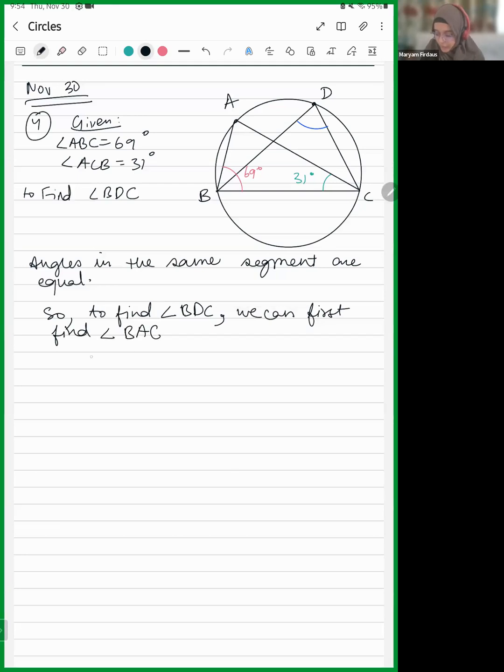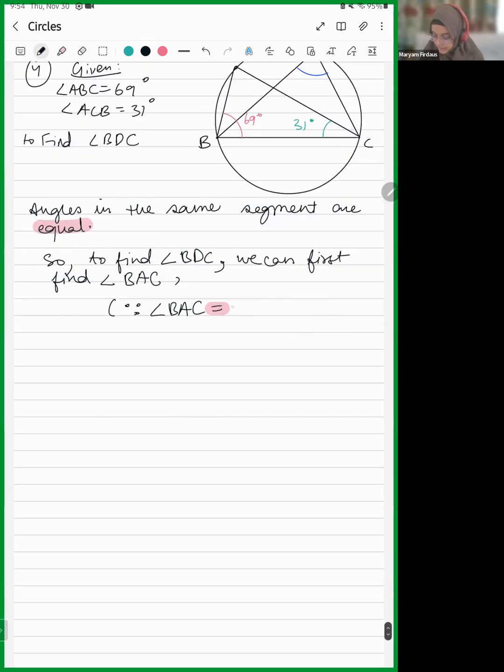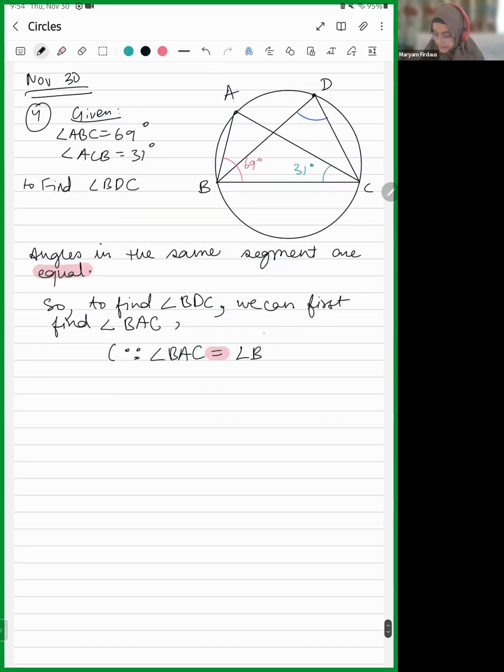Why? Because angle BAC is going to be equal to angle BDC. Is this point clear to everyone?